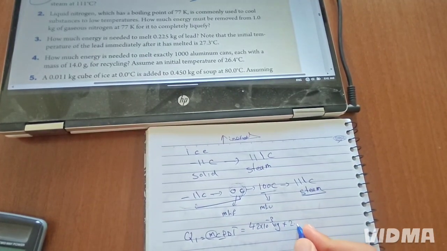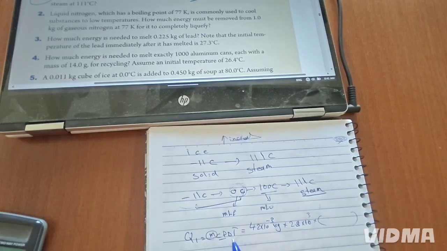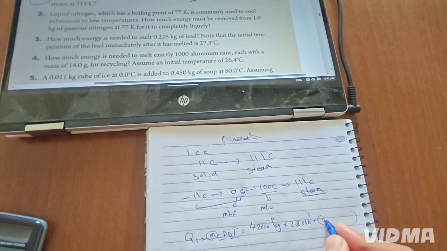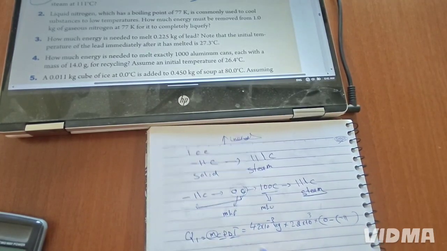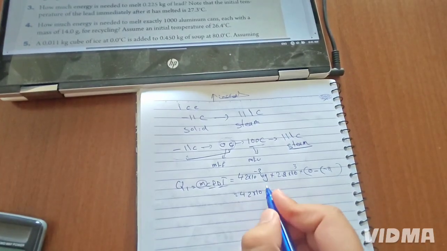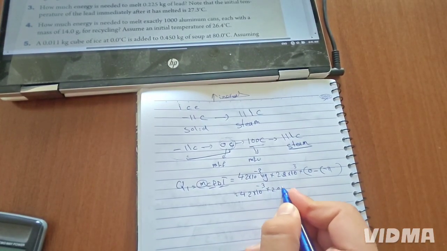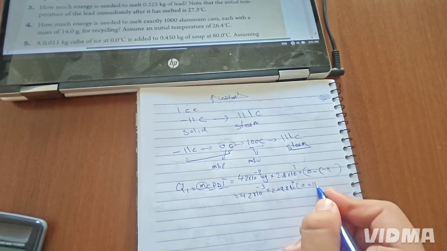CP of the ice, 2.09 times 10 power 3. And instead of delta T, as I told you, the bigger number minus the smaller number. The bigger number here is 0, minus the other number, which is negative 11. So 42 times 10 power negative 3 times 2.09 times 10 power 3, times 0 plus 11.